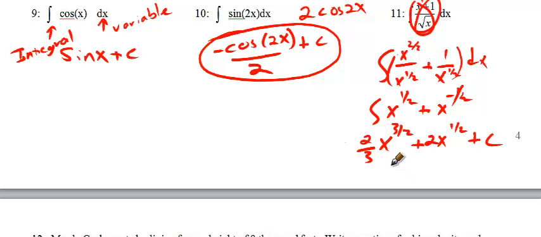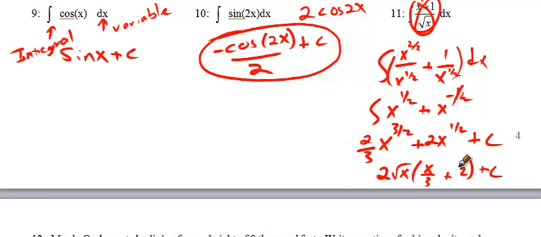The answer on a multiple choice question might do something like this, taking out 2x to the half, or 2, maybe even 2, go back to that square root of x idea. If I do that, you end up, if you take out the square root, dividing it out, you're taking out a half. That's going to be x over 3 plus 2, and plus C. And notice that the plus C is still on the outside of the whole thing.